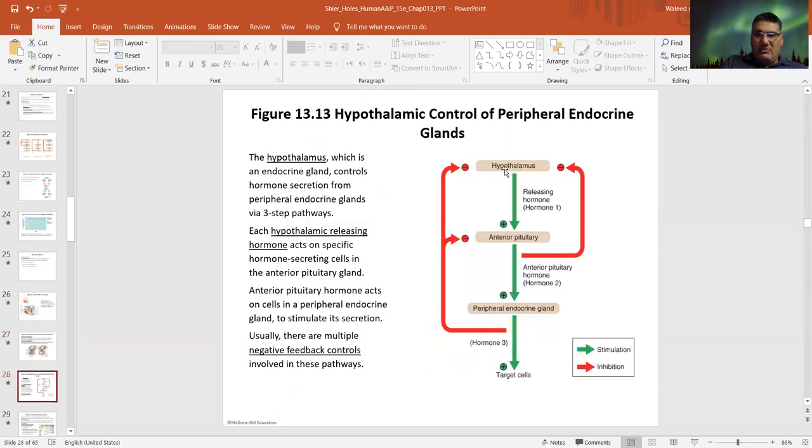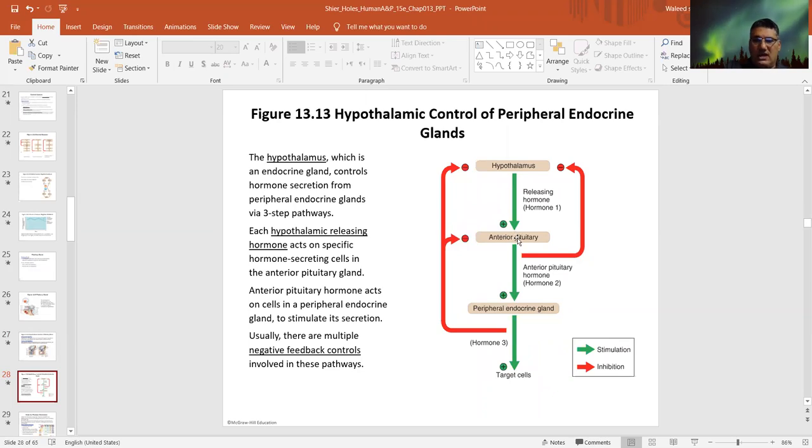So here it is again: the hypothalamus secretes the releasing hormone. If we're talking about the anterior pituitary, the releasing hormones are all on this list: CRH, corticotropin releasing hormone, thyrotropin releasing hormone, gonadotropin releasing hormone, the two hormones that control growth hormone and the two hormones that control prolactin. All of these are called releasing hormones, all this list that you need to know.